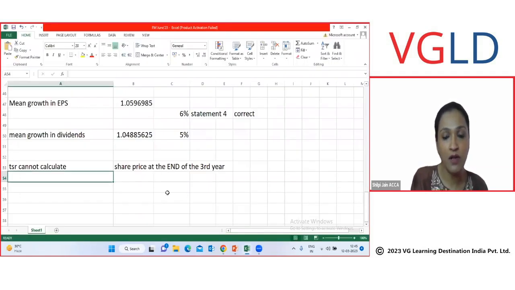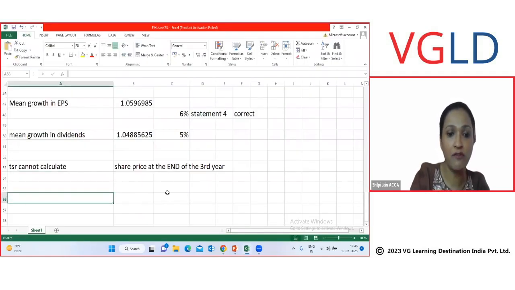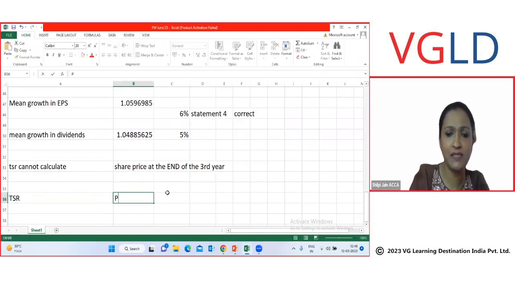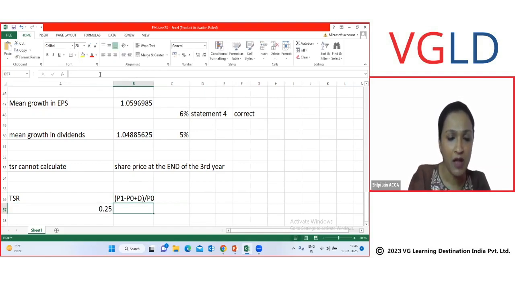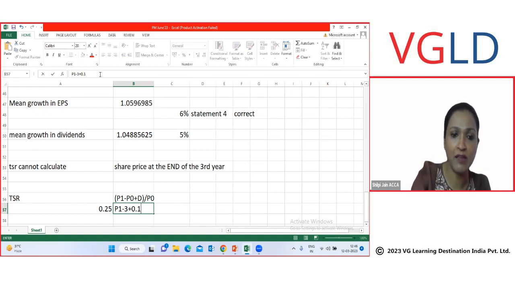So let's put down the details in the total shareholder return formula, which is P1 minus P0 plus your dividend, all this, let me just put that in a bracket, divided by your price at the beginning of the period. So total shareholder return is 0.25, given. My current share price, P1, is what we are looking for, minus P0, which is 3, plus the dividend paid, 0.15.